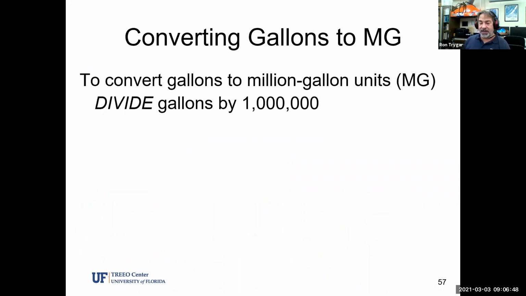All right, so now the next thing to cover is how do we convert these gallon units into what we need as million gallon units. The words or the units of million gallons are used when we calculate pounds of chemicals.